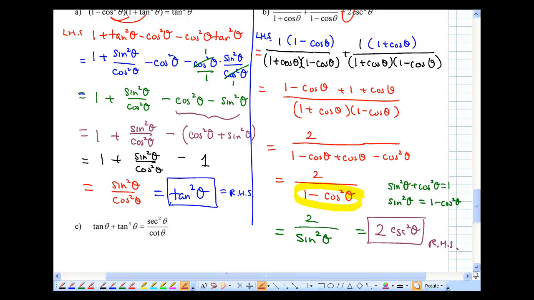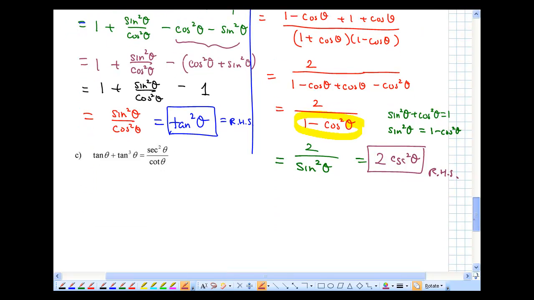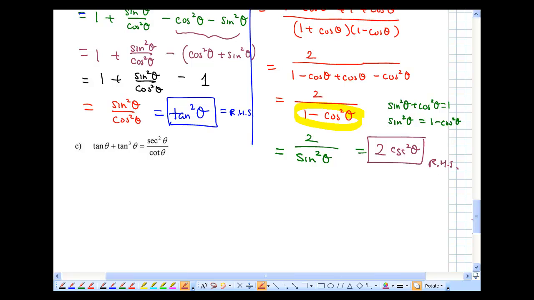Alright, one last one here. Cubics. Secants, cotangents. Lots of things look ugly. So you can decide which one to try. I'm going to ask you to try this one out first, okay? But if you really want a hint, I'm thinking what I would do, probably start on the left-hand side because I have 2 terms.